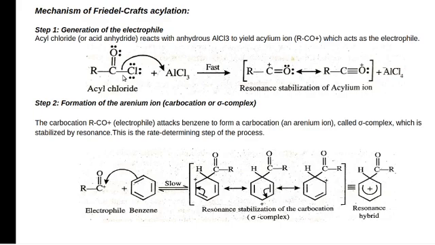Then in this reaction, what happens is that the Cl atom will get removed from acyl chloride as Cl minus and will attack AlCl3, forming AlCl4 minus.